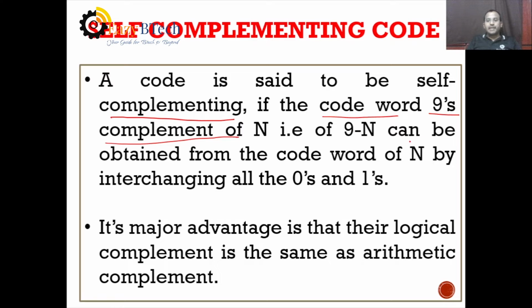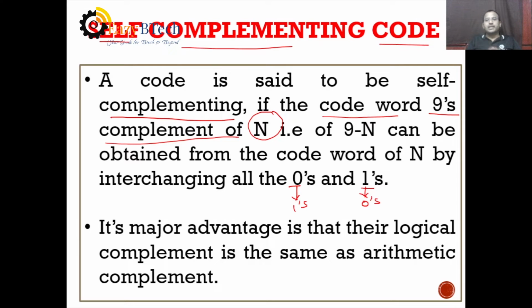So if the 9's complement of a given number n can be obtained by interchanging zeros to ones and ones to zeros, then such codes are called self-complementing codes, right?